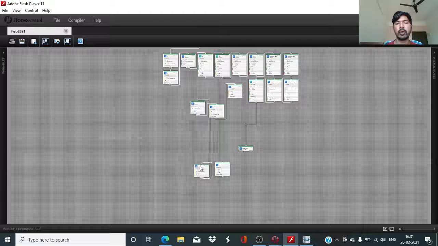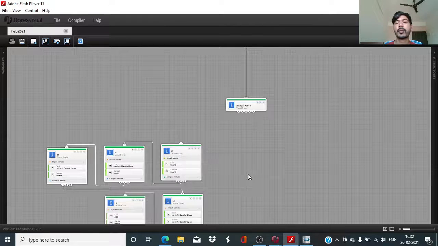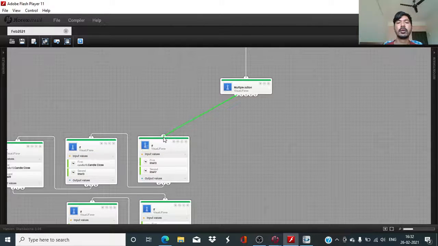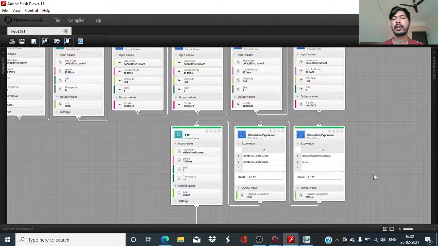Now we will have to pinpoint the entry point for the initiation of the buy side trade. That we will do using the 10 seconds candles.